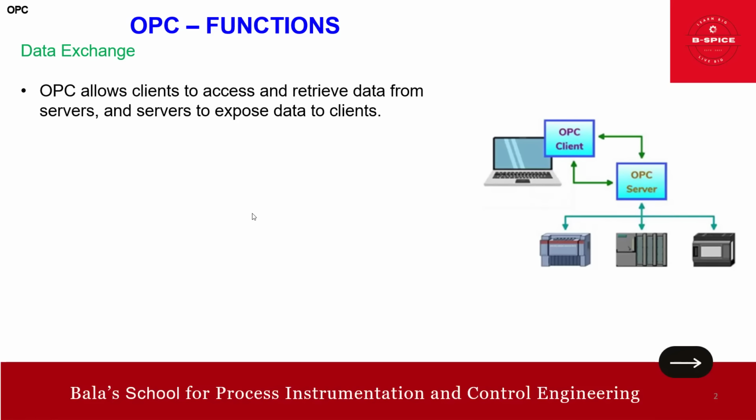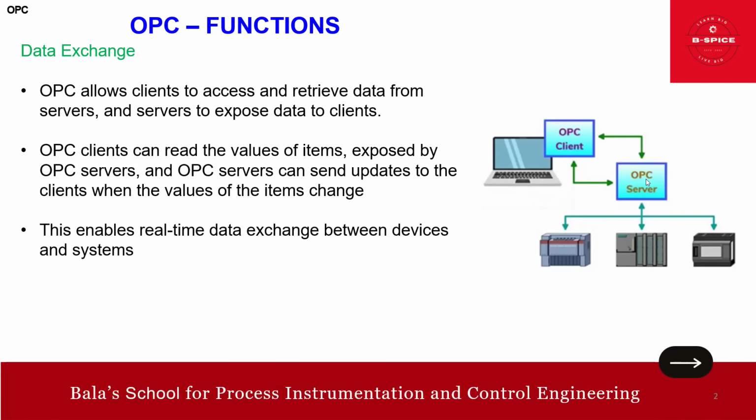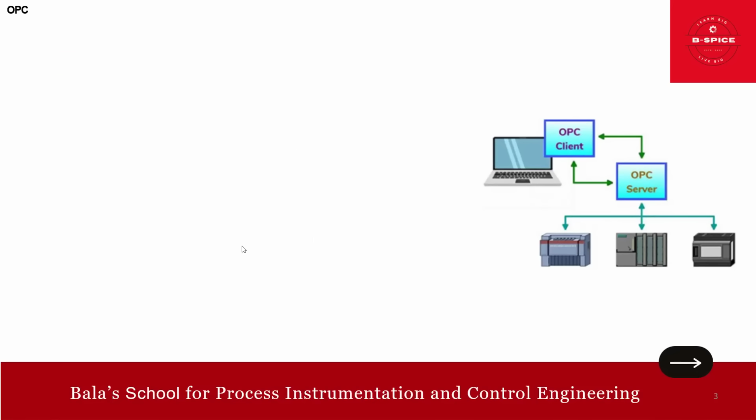OPC client can read the values of the items exposed by the OPC server, and OPC server can send updates to the client when the value of an item changes. You got it? So this enables real-time data exchange between the devices and the system. That is the data exchange.